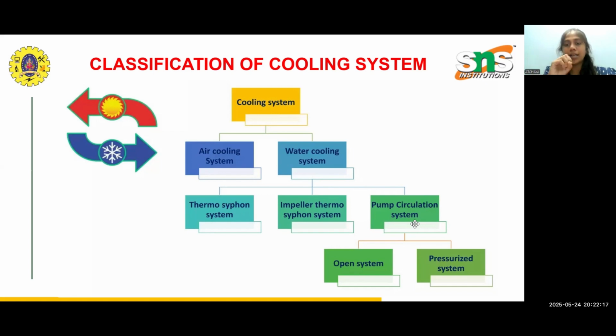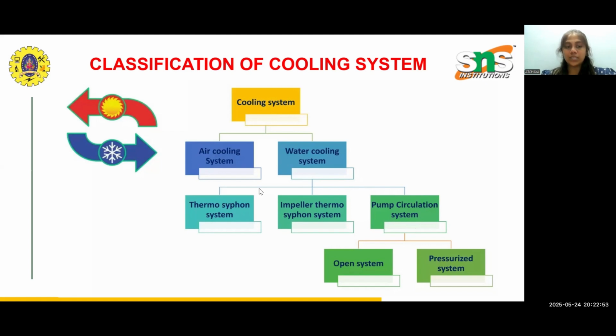By rotating, the cool air is passed over the engine so that the engine can be cooled down. The advantages are that it is simple, lightweight, and no coolant is needed. The limitation is that it is less effective in hot conditions, and it is noisy.